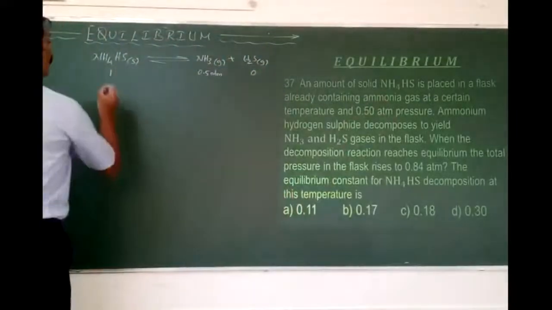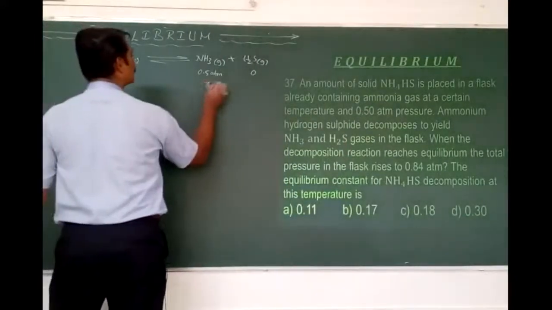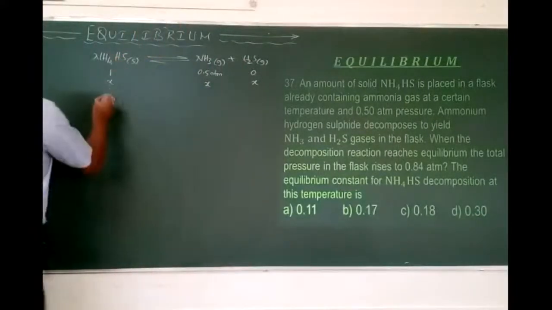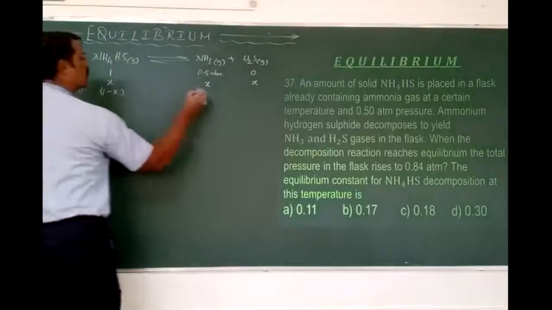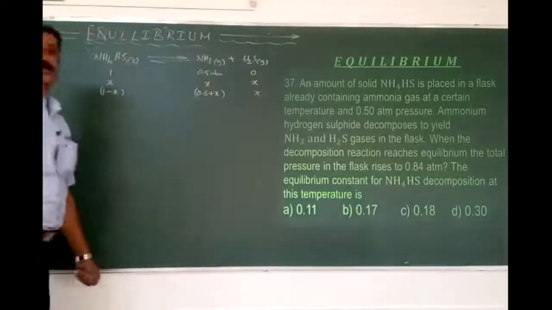Okay. Now, let X be how much it gets decomposed. If this be the case, this is X and this is also X, because they are in the ratio of 1:1:1. What is left here? 1 minus X, 0.5 plus X here, and it is going to be the plus X.